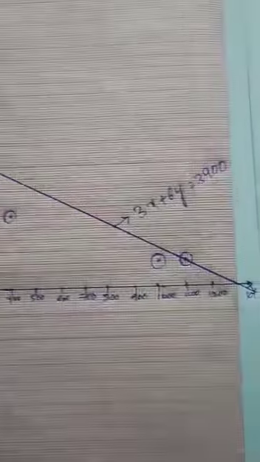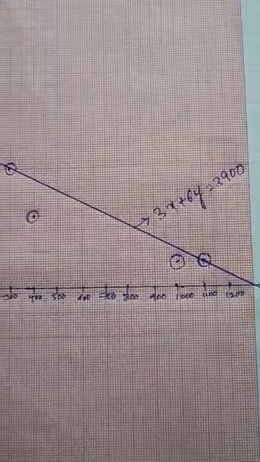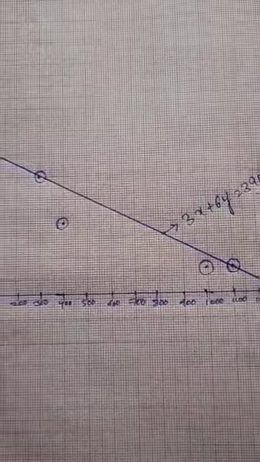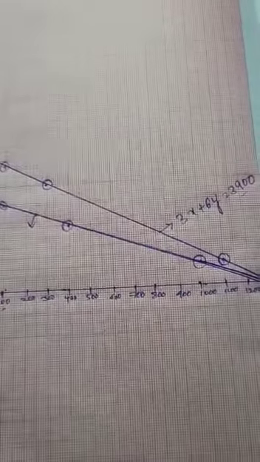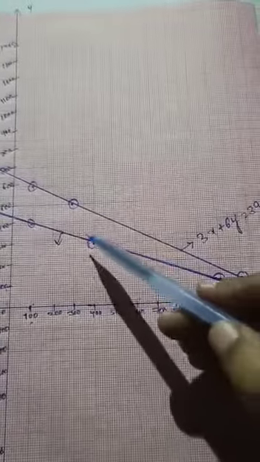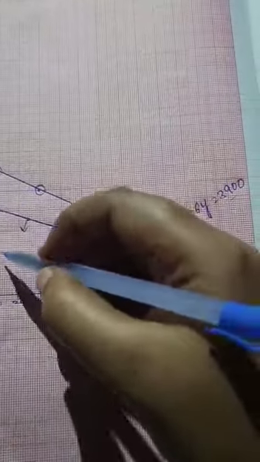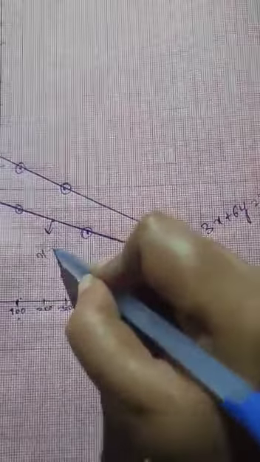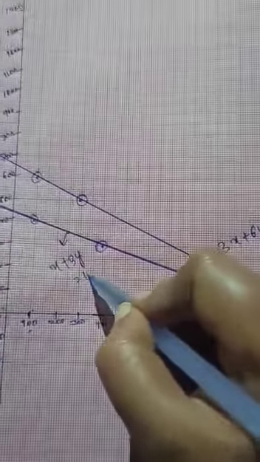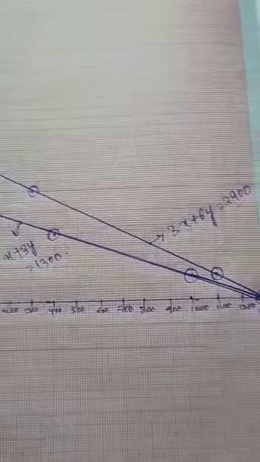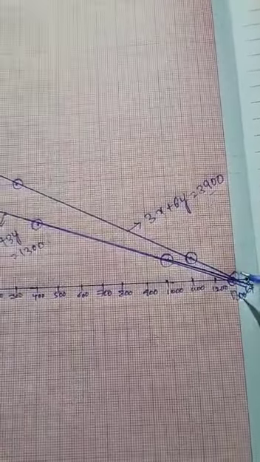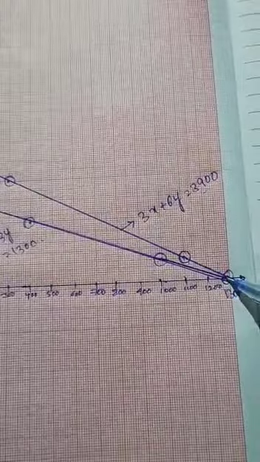See these points. Connect these points. See this graph. This graph represents equation 2, which is nothing but x plus 3y equal to 1300. See this graph, these two lines are intersecting at a single point.